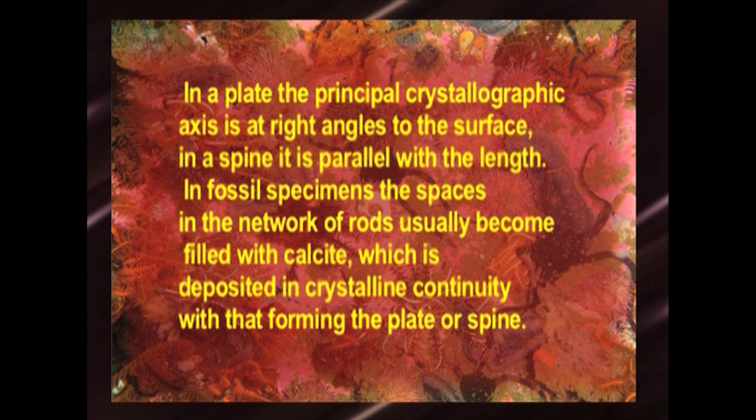In fossil specimens, the spaces in the network of rods usually become filled with calcite, which is deposited in crystalline continuity with that forming the plate or spine. In such cases, the characteristic cleavage of the calcite becomes well marked, so that when the plate or the spine is broken, the fracture passes along the cleavage planes instead of being irregular as in the recent forms.